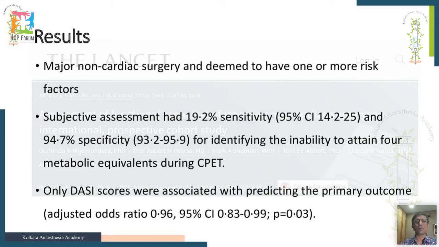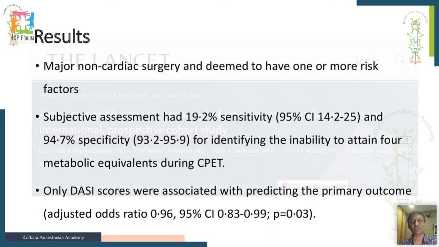And what did they find? They found that when you're looking at MET scores, it had just 19.2% sensitivity, though it had a reasonably good specificity. This sensitivity was for when the person is doing a CPET study at the lab, to figure out what is 4 METs versus what we think and were giving them as the 4 MET scores.